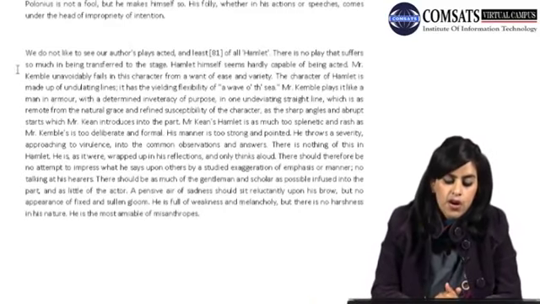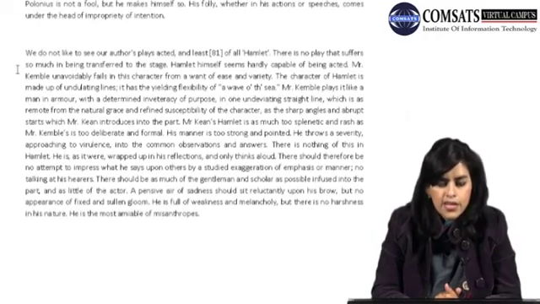We do not like to see our authors play acted, and least of all Hamlet. There is no play that suffers so much in being transferred to the stage. Hamlet himself seems hardly capable of being acted. Mr. Campbell unavoidably fails in the character from a want of ease and variety.